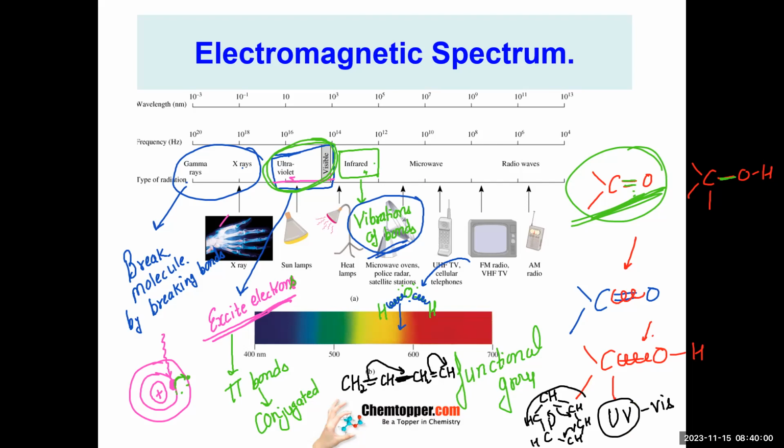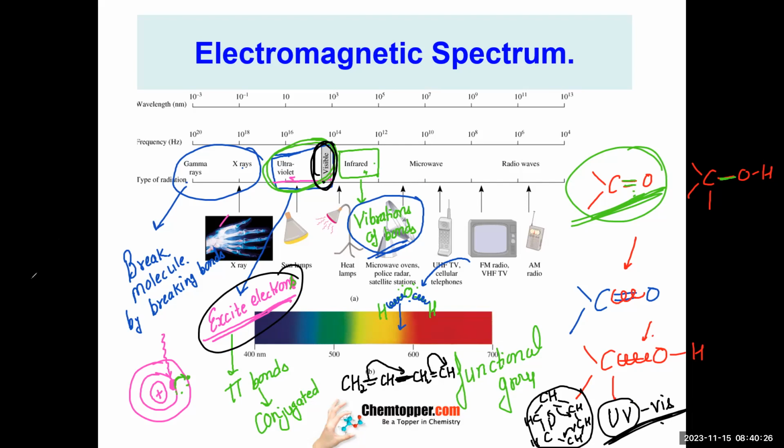So this particular compound will absorb UV visible. Generally all the colored compounds are colored because of excitation of electrons. Electron jumps from low level to high level and then they fall back, and it's in the visible range. If it is in the visible range, you can see the colors. Are we clear about it?